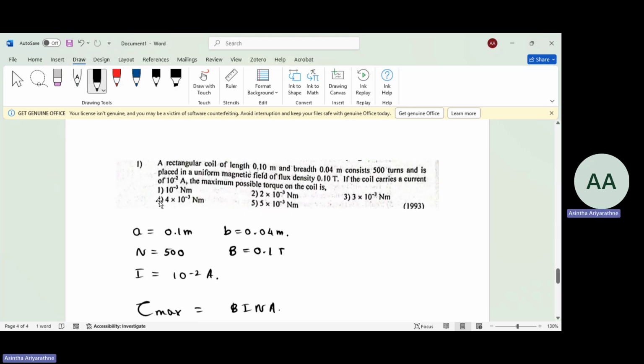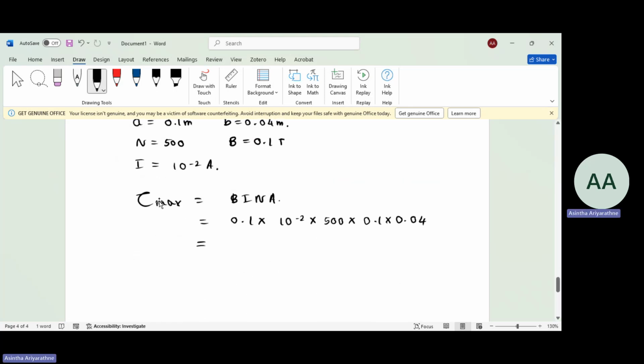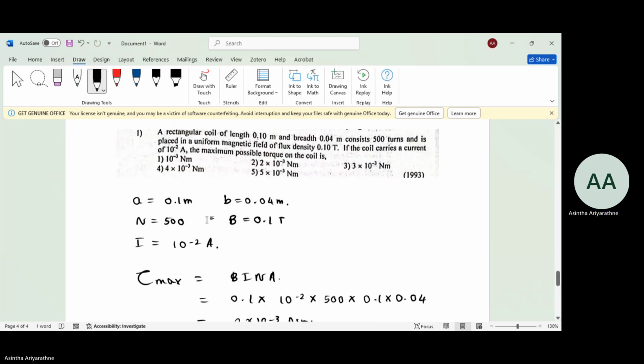So it comes to 2 times 10 to the power minus 3 Newton meter. Second one.